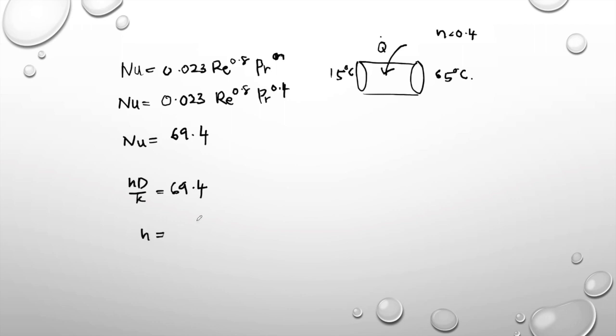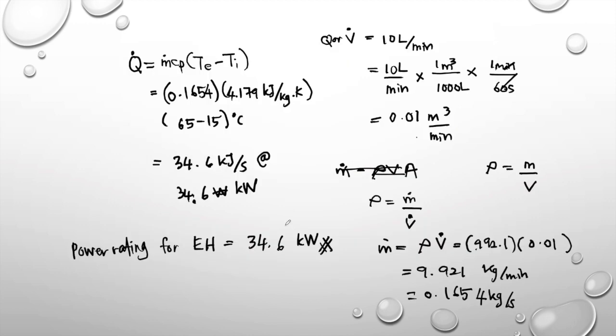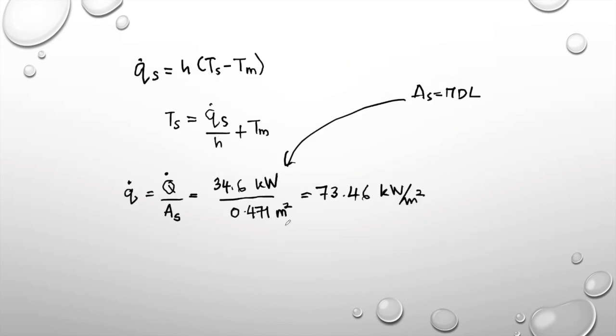Then equate this Nusselt number to hd over k to find h. So your h is 1460 watt per meter square Kelvin. Previously we already derived this equation. To find Ts, we have to find the heat transfer coefficient, which we already found.